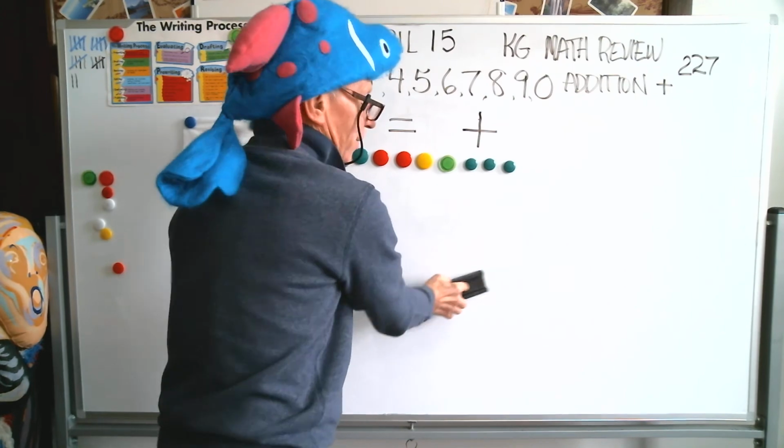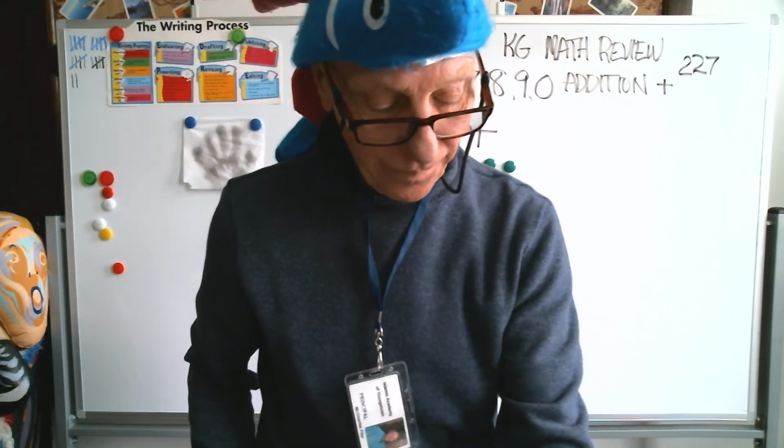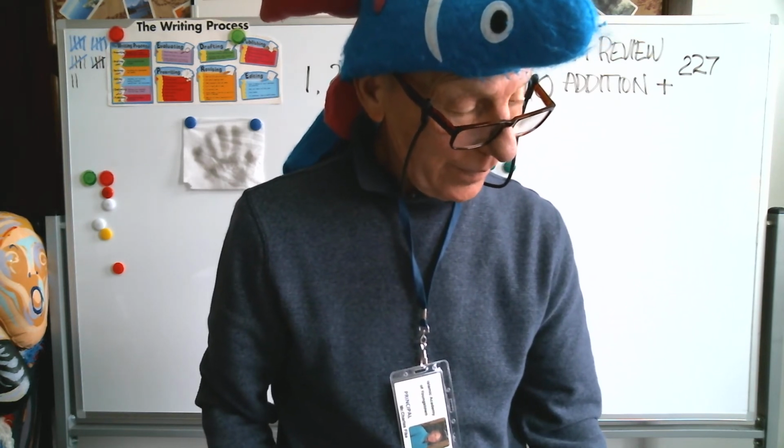What else can we do here? Let's see what else we got in this here chapter. Oh, you got some fun games. There's a bingo game you can play. And you can draw a picture and do some writing there.